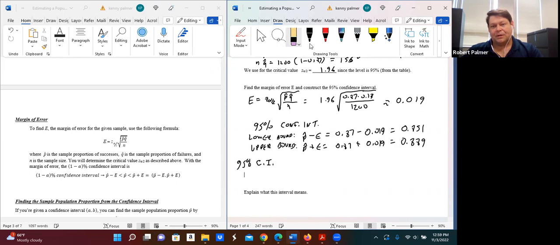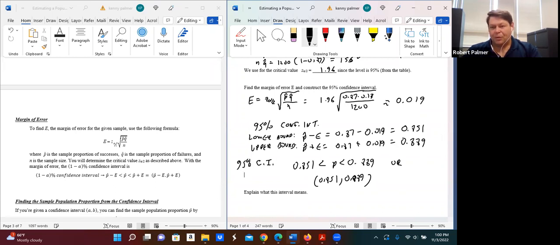You can write it as an inequality: 0.851 is less than P, which is less than 0.889. Or we can write it as an interval from 0.851 to 0.889.